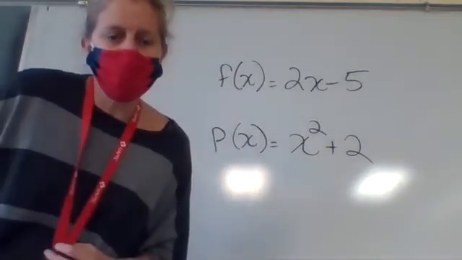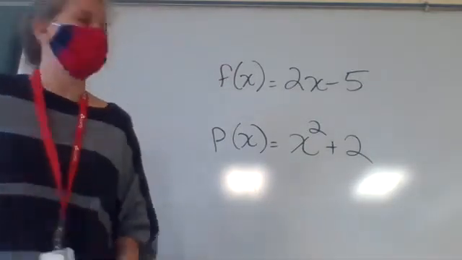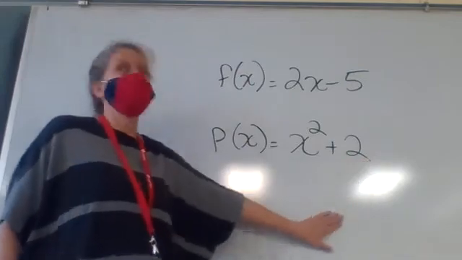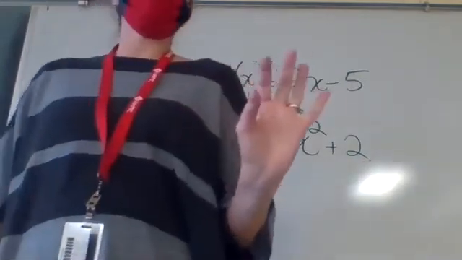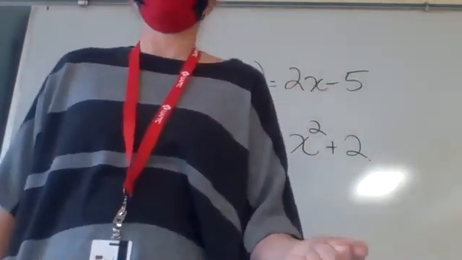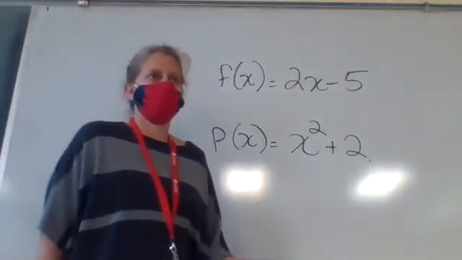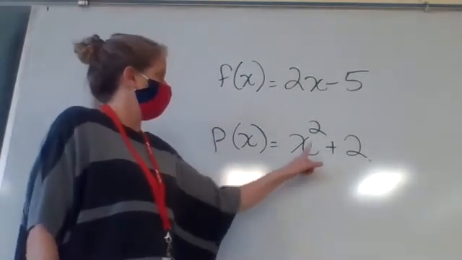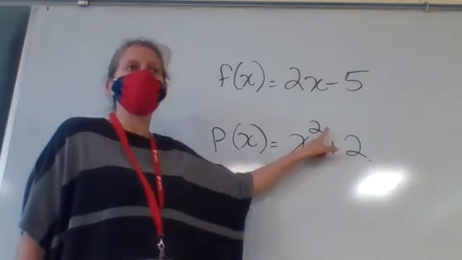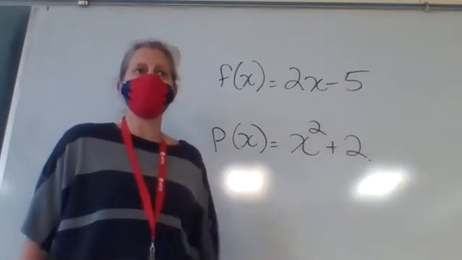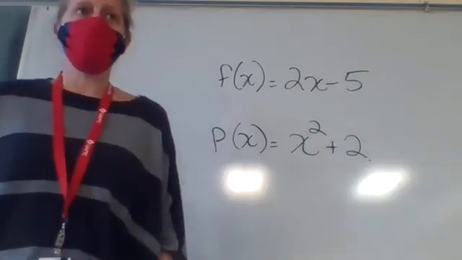Number 5. Your function is x squared plus 2. Essentially, what you're looking for on these is an x in the denominator to create a restriction. Can I put anything in here? Can you multiply anything times itself and then add 2 to it? Yeah. x is a real number.